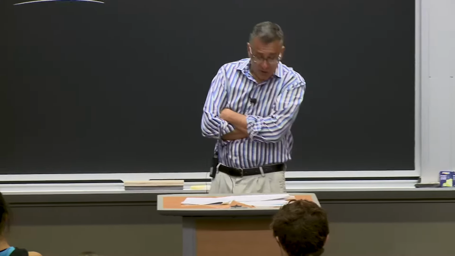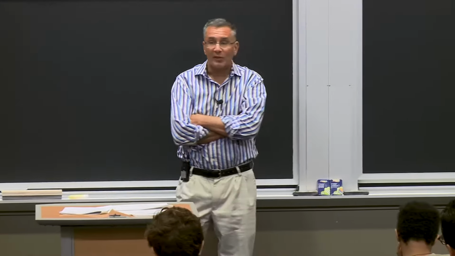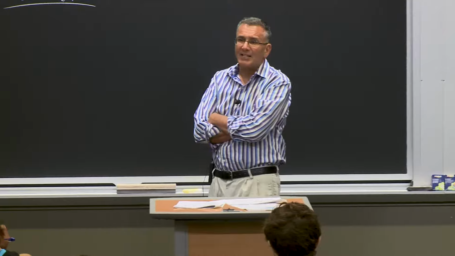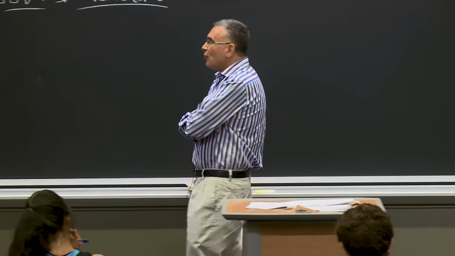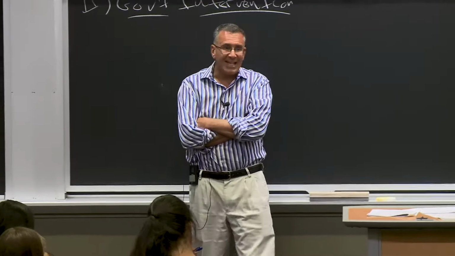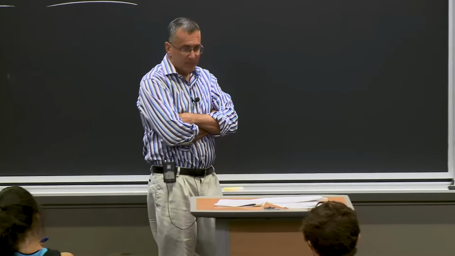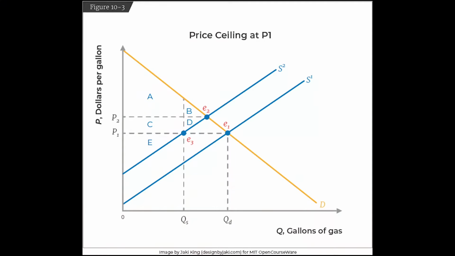Okay? Now, what determines what actually gets sold when there's a price restriction? Here's the way I like to think of it. I like to think of the actual quantity as being set by the constrained party. So in this case, a price ceiling means that suppliers are asked to supply more than they're willing to, so they just say no. So the ultimate quantity in the market is QS. It doesn't matter that demanders want QD.